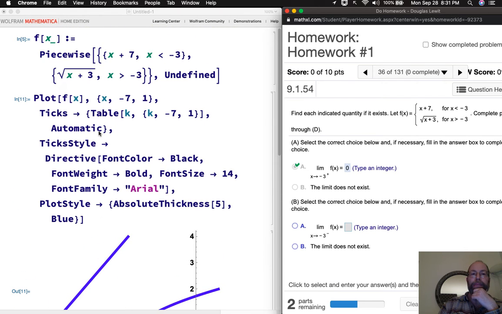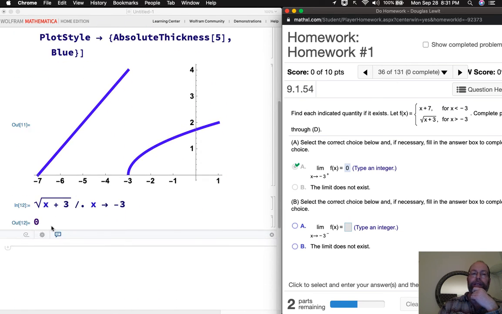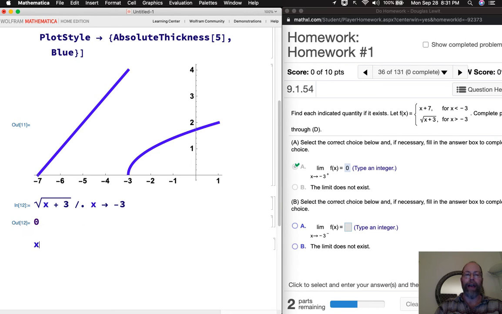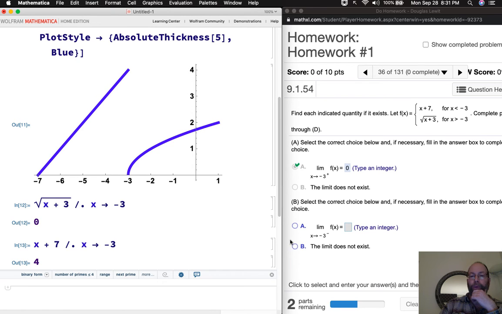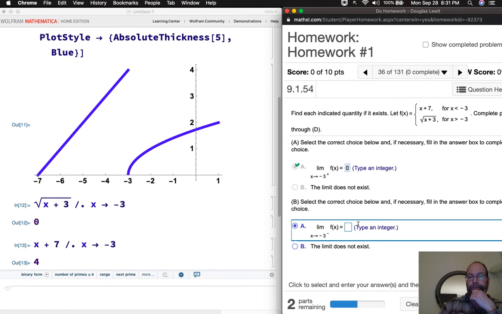And that's going to be x plus 7. What is negative 3 plus 7? That's the same as 7 minus 3. That's going to be 4, right? So if I have x plus 7, when x is negative 3, the answer is 4.